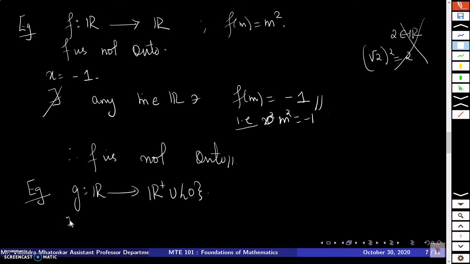So this G is onto in this case. No matter what real number you take, which is positive or 0, you will find its square root here, which will be a real number, and that will be mapped to that particular real number. Square roots of positive numbers are well defined, so those numbers will be sitting inside R, and each number will have a pre-image. So if you change the codomain to this, it becomes an onto function.